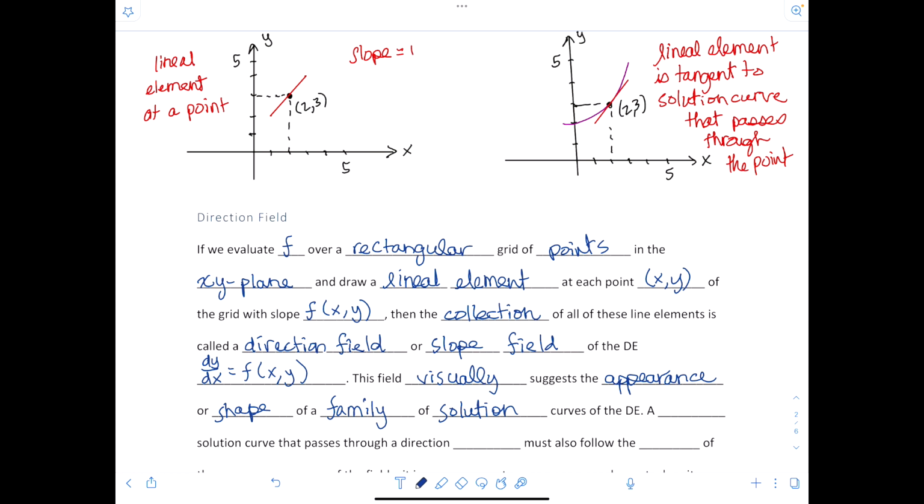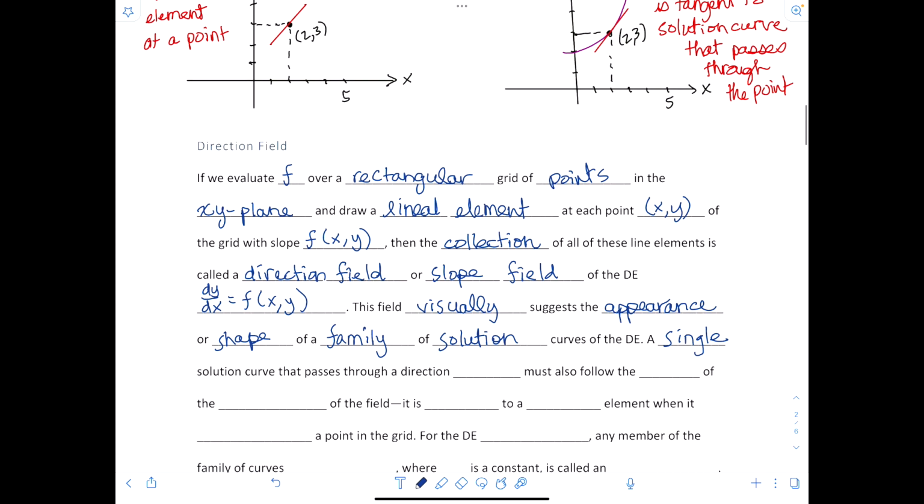So, a single solution curve that passes through a direction field must also follow the flow of the pattern of the field. It is tangent to a lineal element when it intersects a point in the grid.